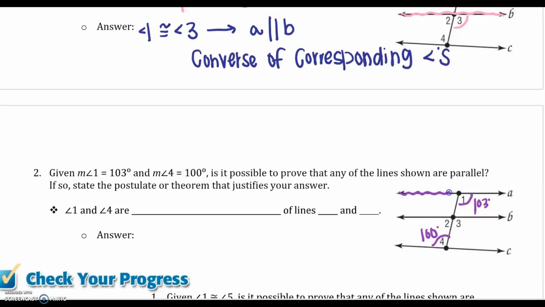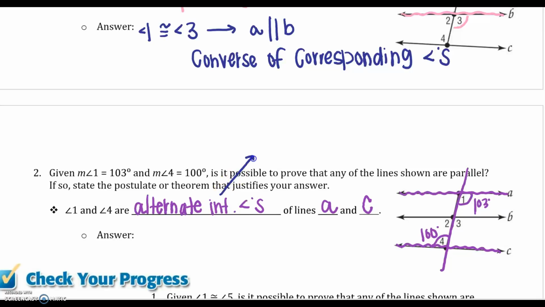So I'm looking at line A, because angle 1 is made up of line A and this transversal, and angle 4 is made up of line C and this transversal right here. So I can see that 1 and 4 are alternate interior angles when I'm looking at lines A and C.